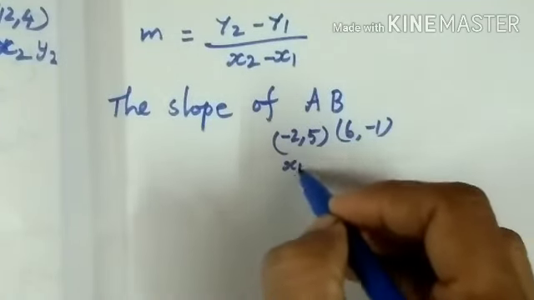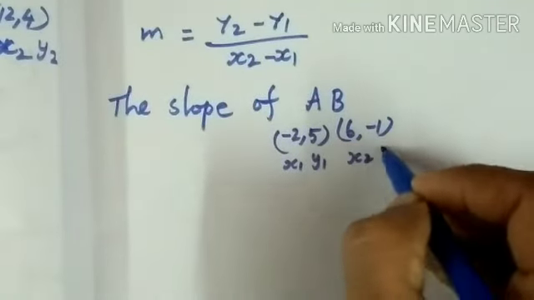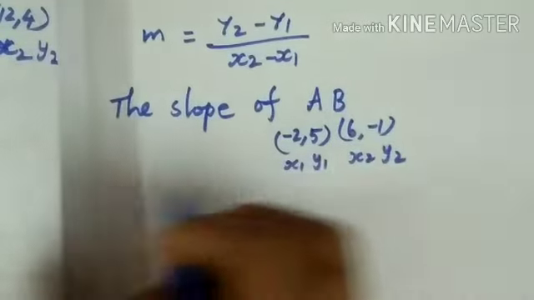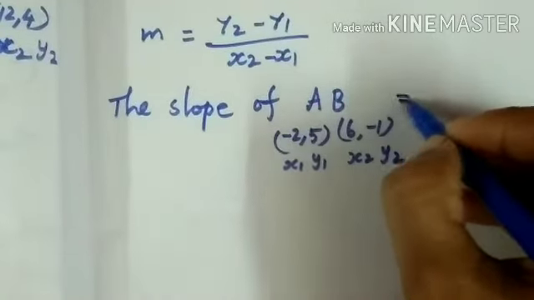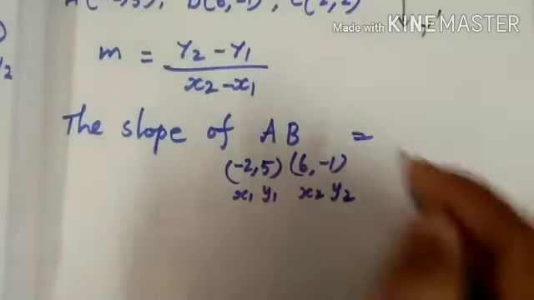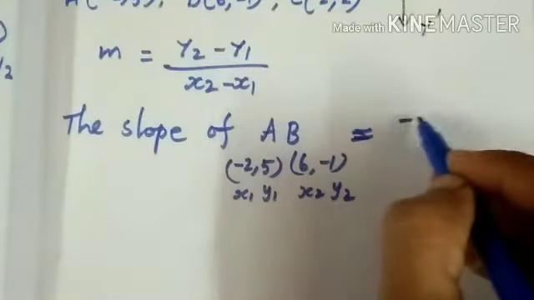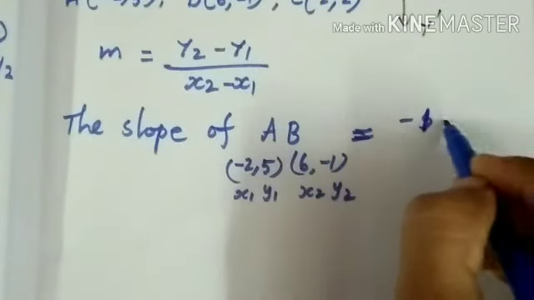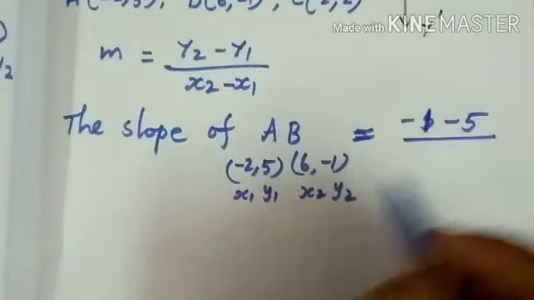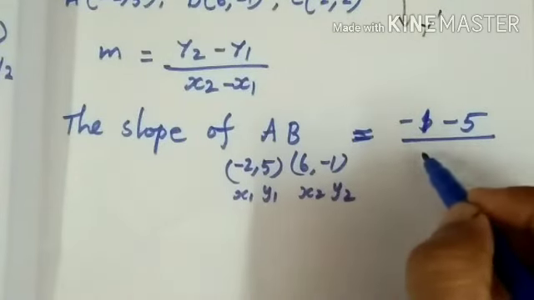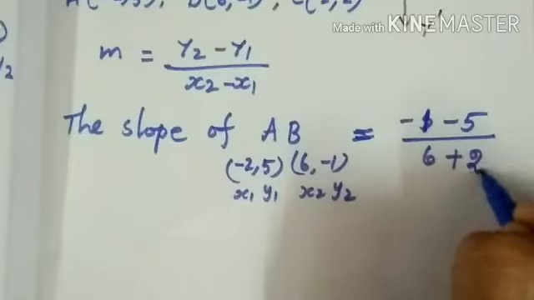Let us keep x1, y1, x2, y2 is equal to y2 minus y1, minus 1 minus 5 by x2 minus x1, 6 minus of minus plus 6 plus 2.